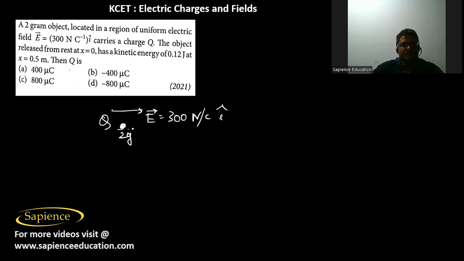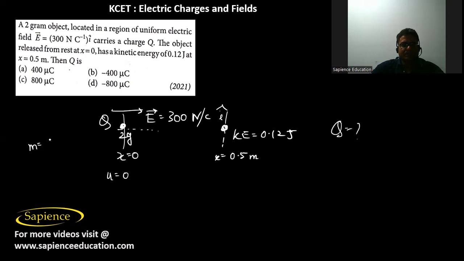The object is released from rest at x equal to 0. Here the initial velocity is 0, and it has a kinetic energy of 0.12 joule at x equal to 0.5 meters. Then the charge q is how much?